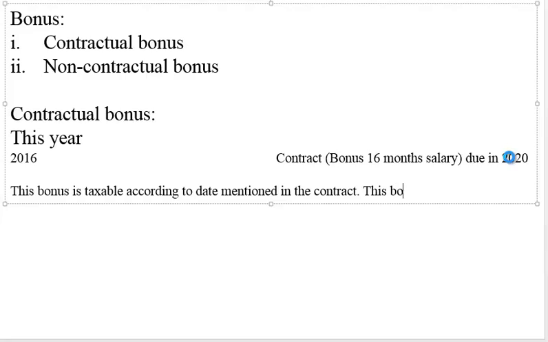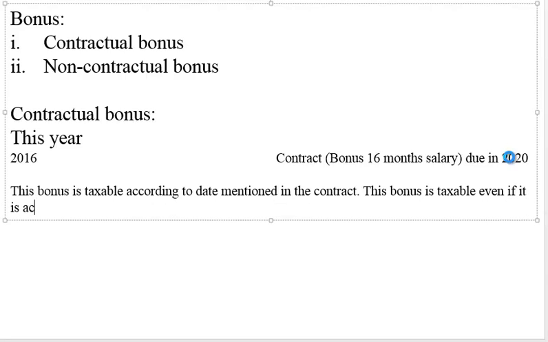This bonus is taxable even if it is actually not paid or paid later. Not paid means if it was never paid, then of course you can claim the refund. However, if it's just a matter of being paid later, that will not change it.